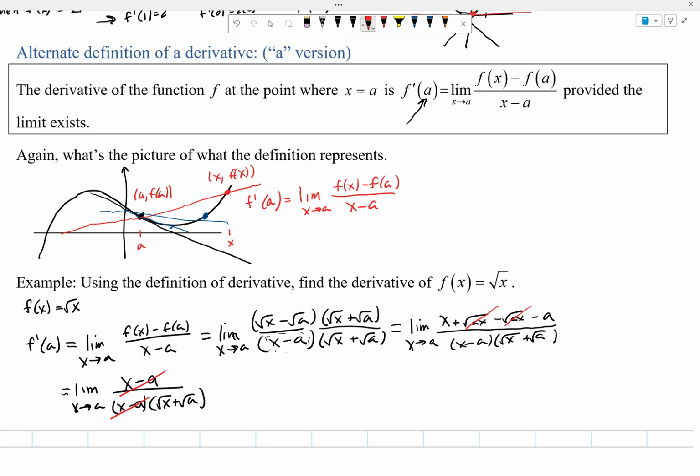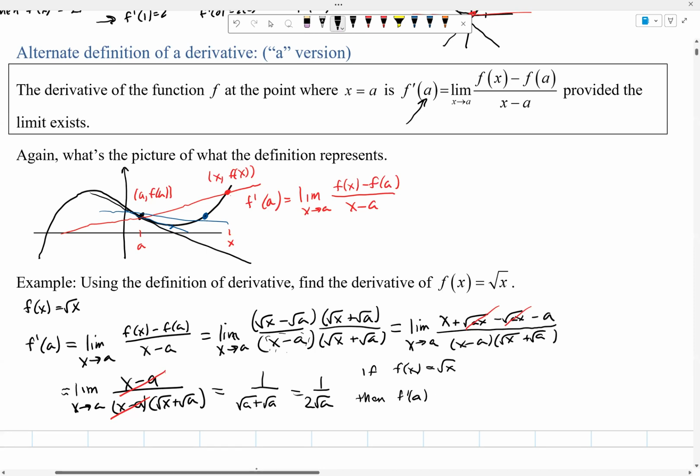And now when I apply the limit, it's clear that I just get 1 over square root of a plus the square root of a, or 1 over 2 root a. Let me summarize. If f of x is equal to the square root of x, then f prime of x, the function that gives us the slopes of that curve, f prime of a is 1 over 2 root a.